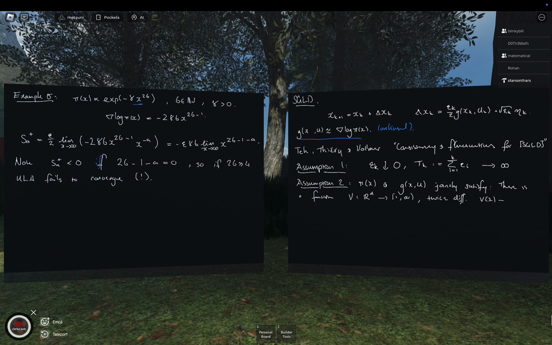V(x) goes to infinity as the size of x grows. And importantly for us, V(x) has bounded second derivatives. And it has the following properties.